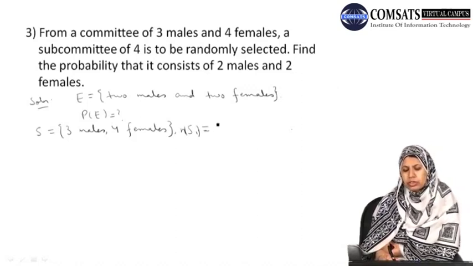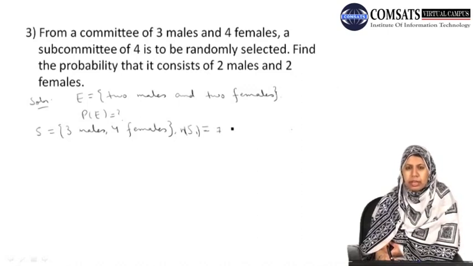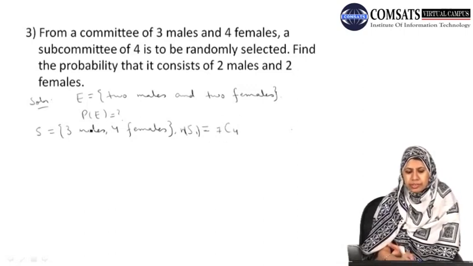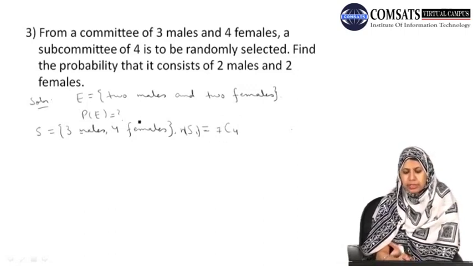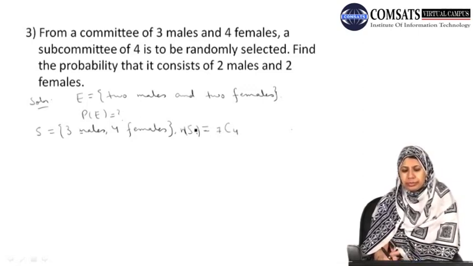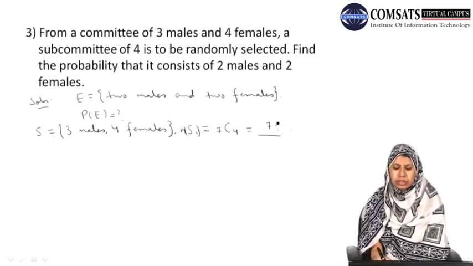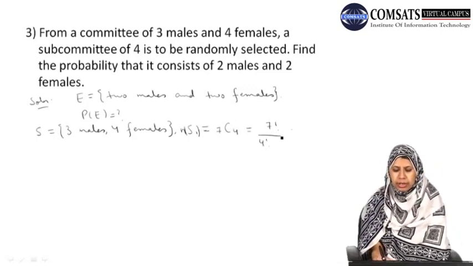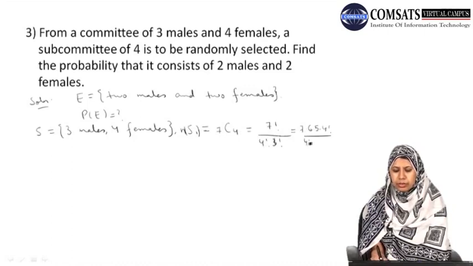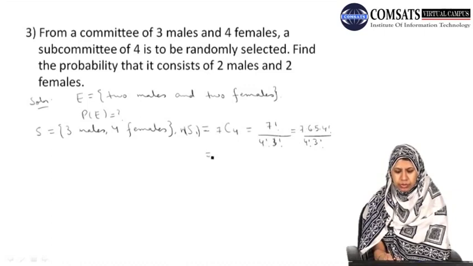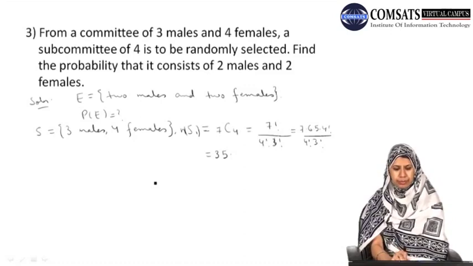So the size of our sample space will be determined by using the combination, that is 7C4. 7 is the size of our original sample space and 4 is the size of the subcommittee, which will be found by using the factorial formula for the combination, that is n factorial divided by r factorial into n minus r factorial, which is 7 into 6 into 5 factorial divided by 4 factorial into 3 factorial, and simplifying we obtain 35.